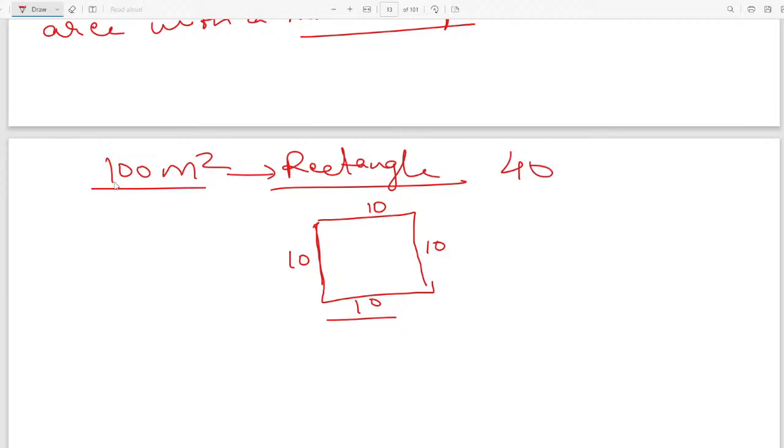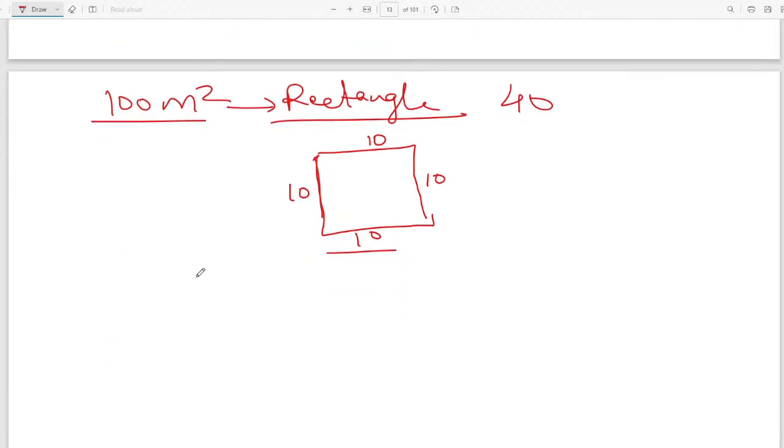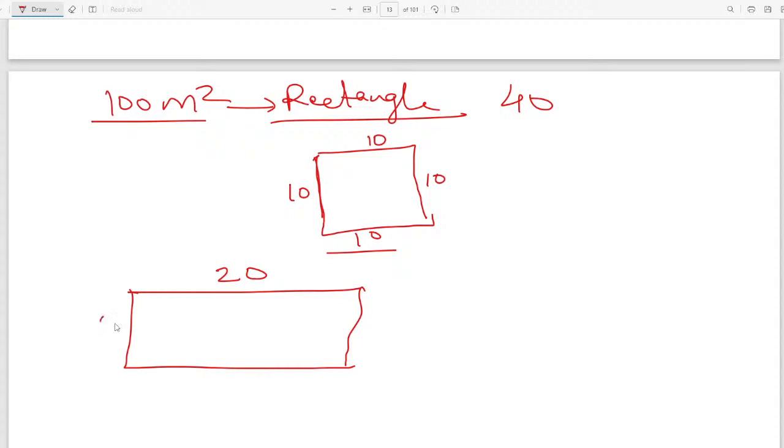So I can construct another rectangle with the same area. What I can do is I'll take the sides as 20 and 5. So L into B would be 100.